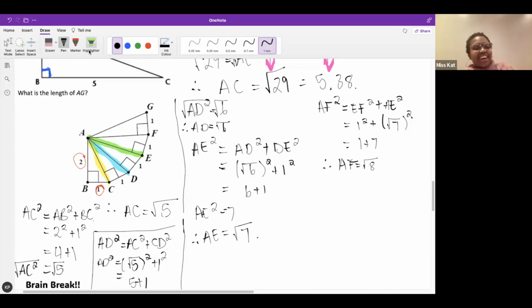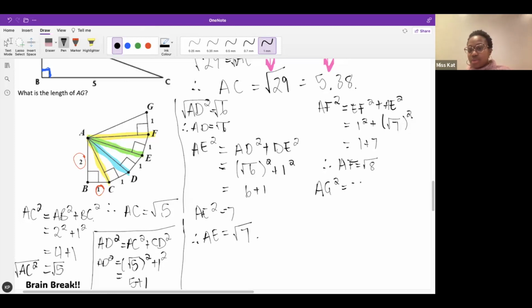Okay, so guys, we're nearly at the end. Check where we are. I just highlighted the wrong one. We are at the end, actually. Now we can find AG. Is there anyone who's found AG? Anyone? AG squared is equal to... Are you sure it's 9? It's not 9.